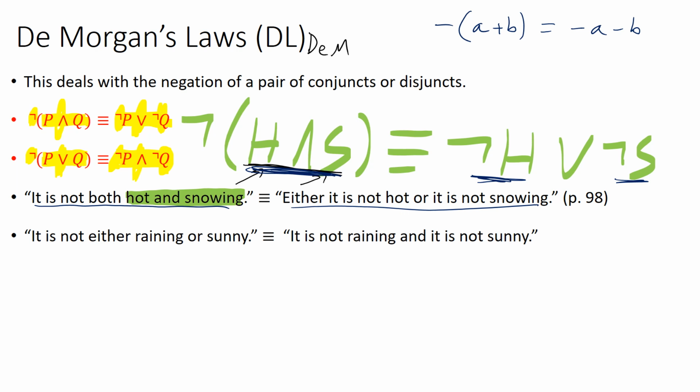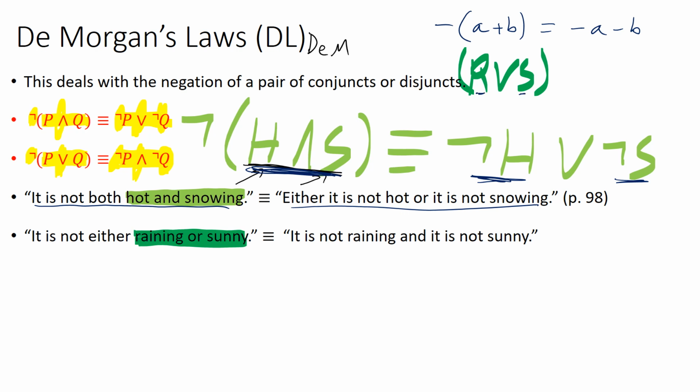Here's another example. It is not either raining or sunny. That's logically equivalent to it is not raining and is not sunny. So from here, raining or sunny. So that's R or S. If that's true, that means either R is true or S is true or both are true.